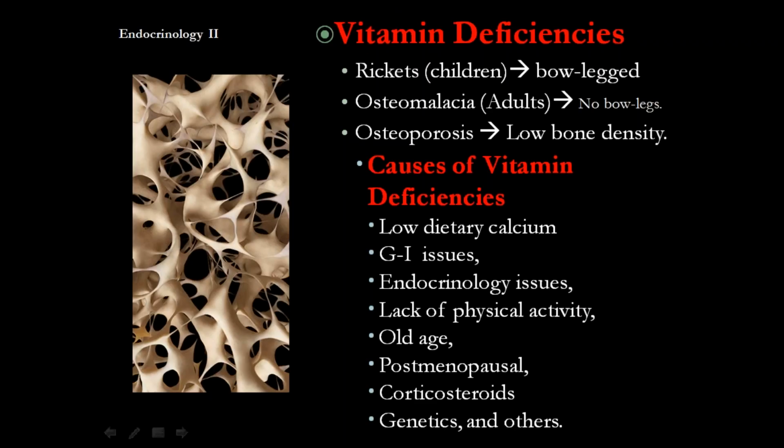Even if you have high levels of vitamin D, there is no calcium to reabsorb. GI issues like Crohn or chronic ulcerative colitis, or for example malabsorption by pancreatitis, etc. Endocrinological issues, lack of physical activity, old age, postmenopausal, corticoids, genetics, and others.